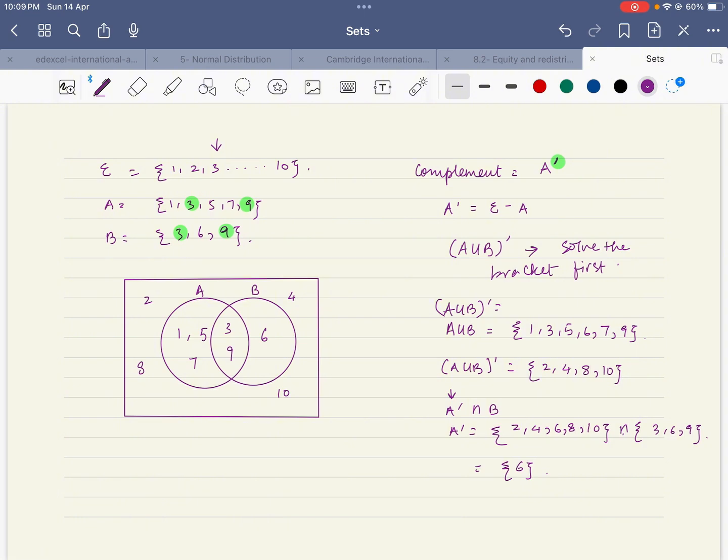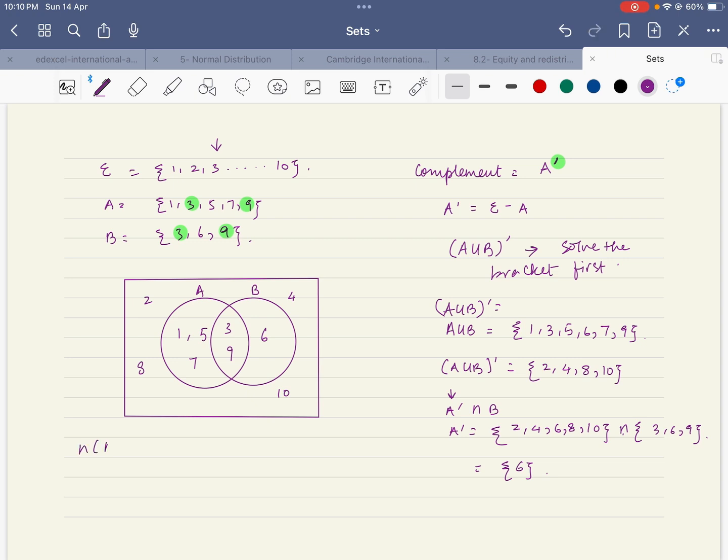If you are asked to shade this on the Venn diagram, you will shade only this part, right? So this is how you are going to shade the Venn diagrams. But for this one, if we want to know the number of elements where there is something written in the rectangle also, which means numbers that are not part of any set, how do we do that?